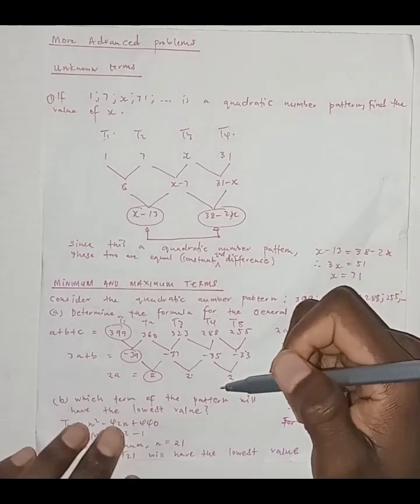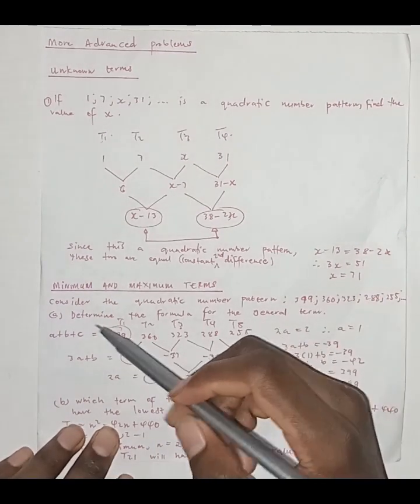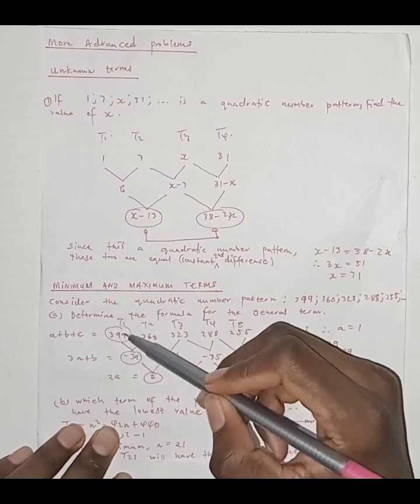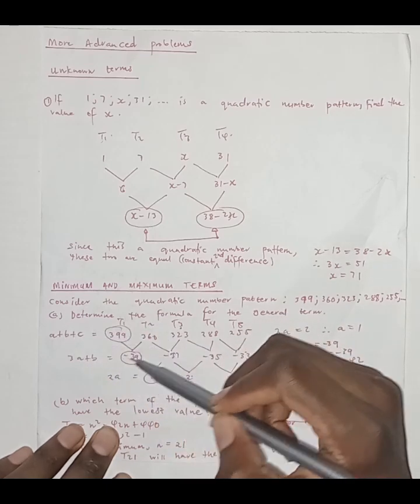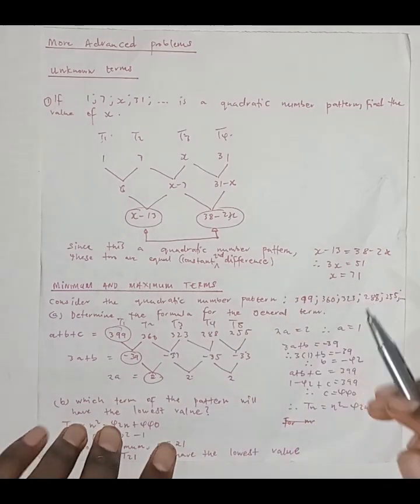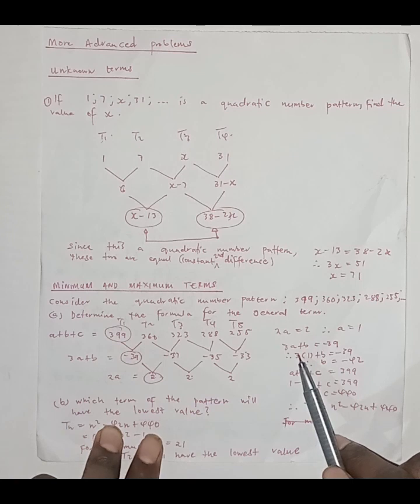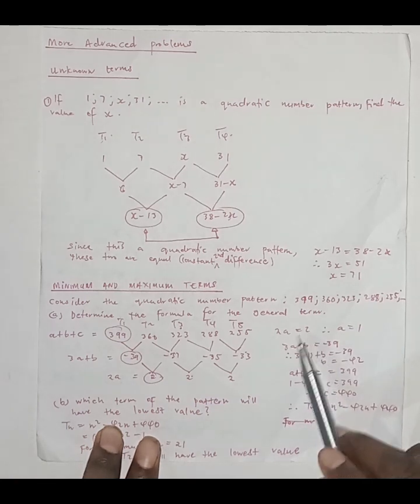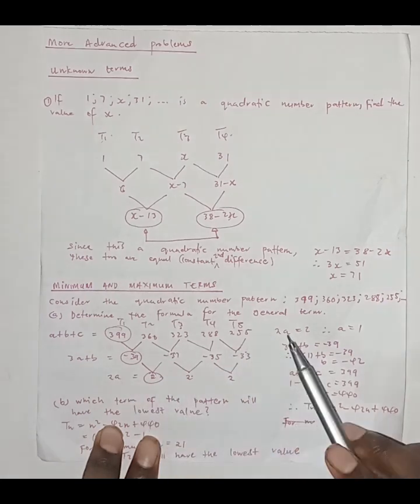Now remember from the previous video, a plus b plus c, you do this. So a plus b plus c is equal to that, 3a plus b is equal to that, 2a is equal to that. Let me begin with the easiest one, 2a is equal to 2.